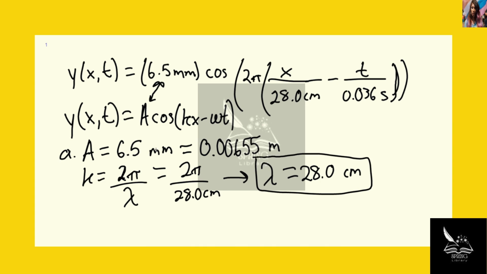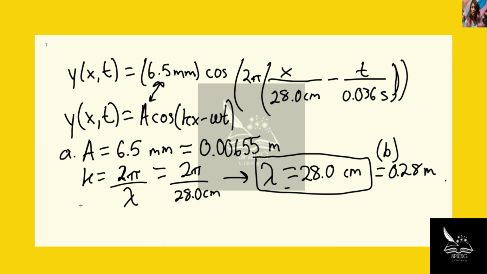This would be your answer for part A, which includes the wave number. This is going to be the answer for part B, the wavelength. We can also say that this is equal to 0.28 meters if you wanted to convert into meters.